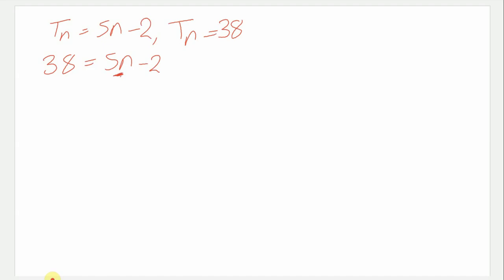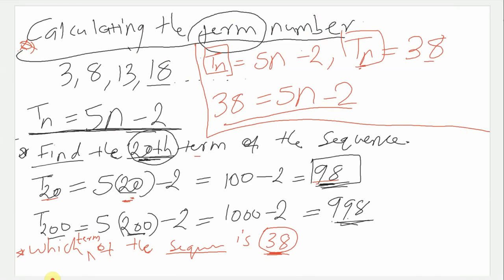In maths it's always the same, nothing changes. The only thing is to understand what they need you to do. The question says which term of the sequence is 38. One thing about number patterns is being able to take the information written in words and put it in the formula. Once you put it in this formula, then the rest is maths.